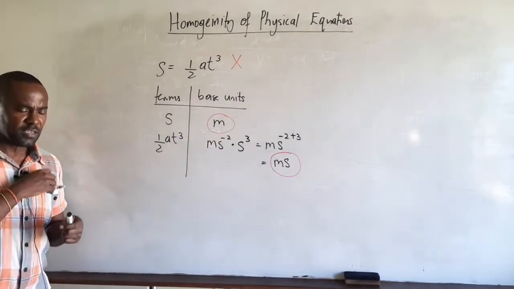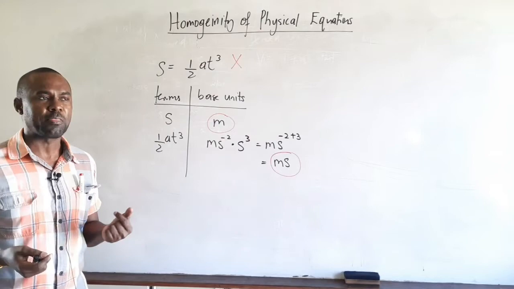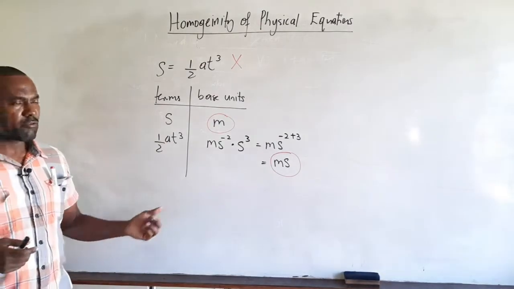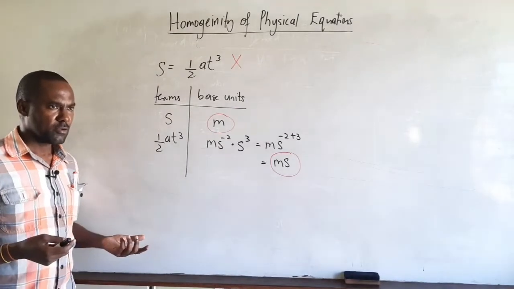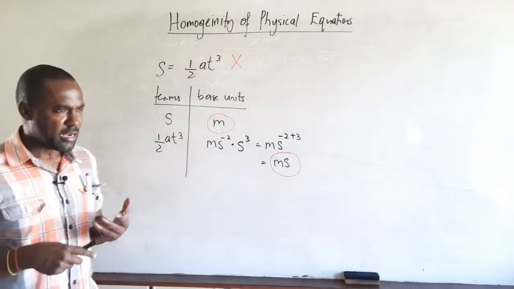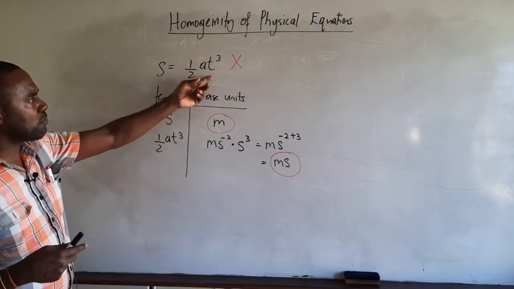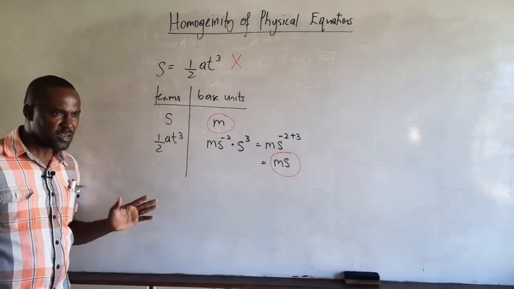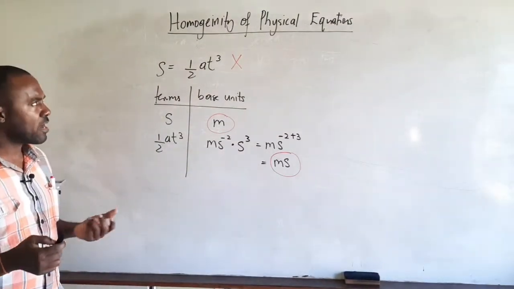But if the equation is incorrect, obviously it means that there's an error somewhere. Does this method reveal where the error lies? It doesn't, right? Now earlier we said that we should pretend that we've never seen any equation remotely resembling this one before. So if we had never seen an equation looking like this before, we would not be able to tell exactly where the error occurred.